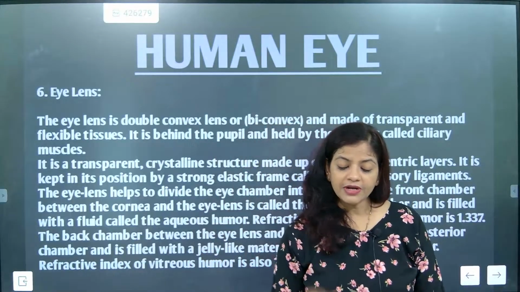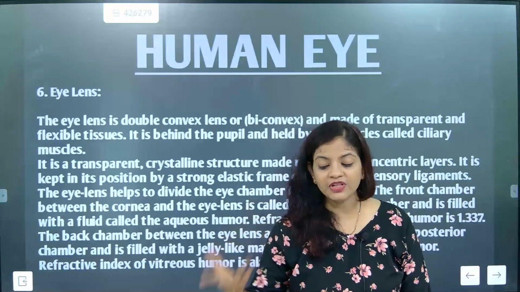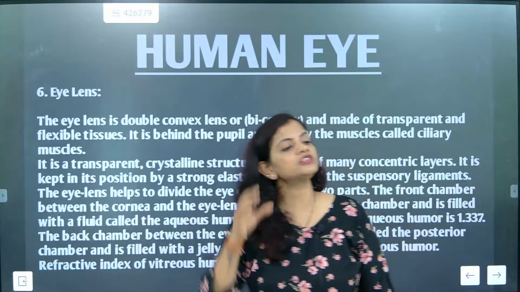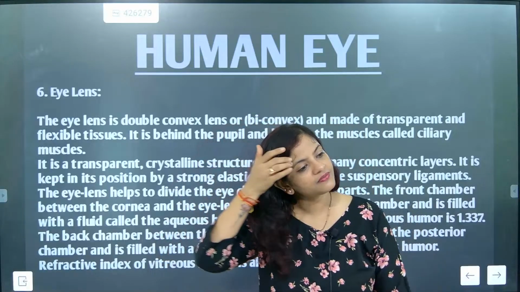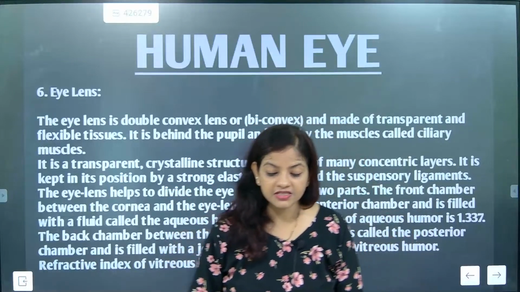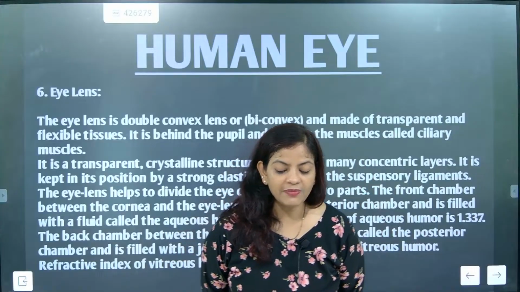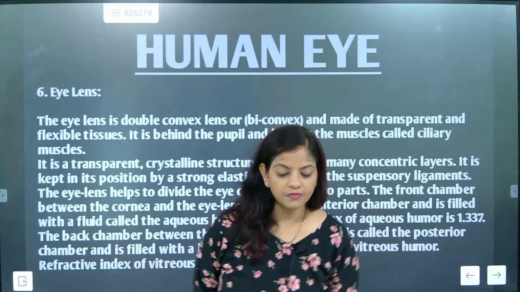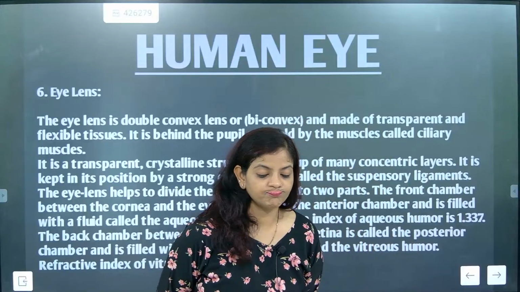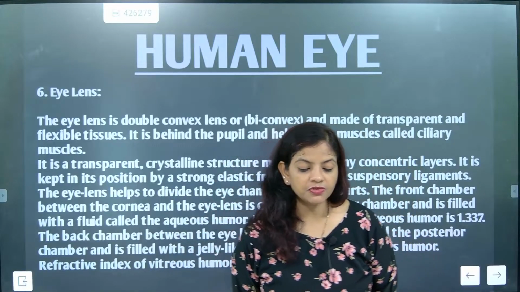Can anybody tell me, our lens is glass? What is the human eye lens made of? What is the material making the lens? Come on, children. Fiber, tissues. Need some dhamakedar answer.